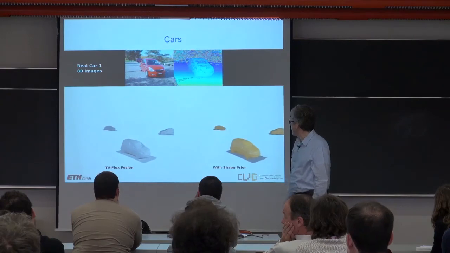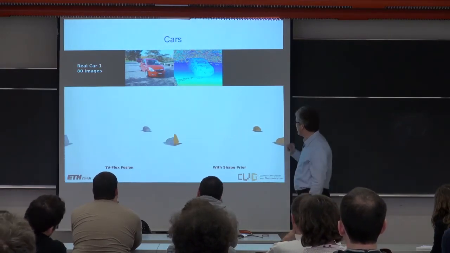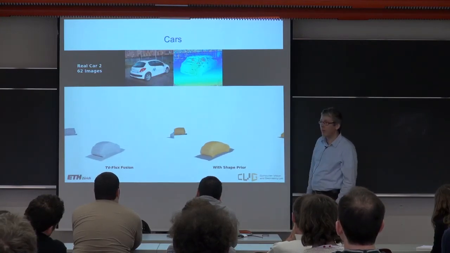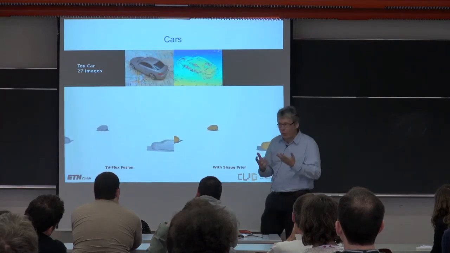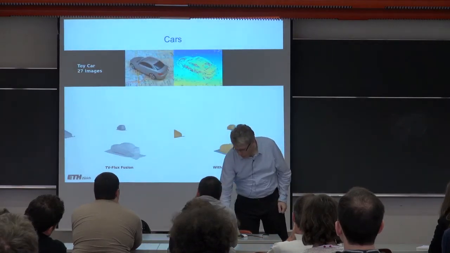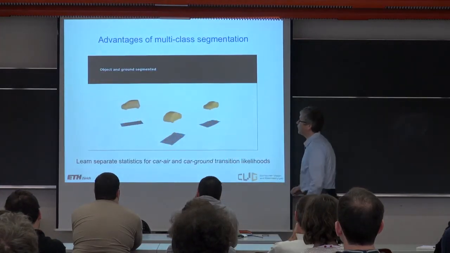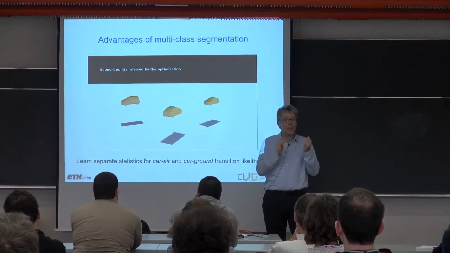So just to show you the results here, this is for cars. Something interesting by working this way was that although we don't really observe the surface under the car, and initially it collapsed with the ground, we actually realized we could also learn that and learn the point where we transition. So we can actually learn in the volume because we can model separately different class transitions.